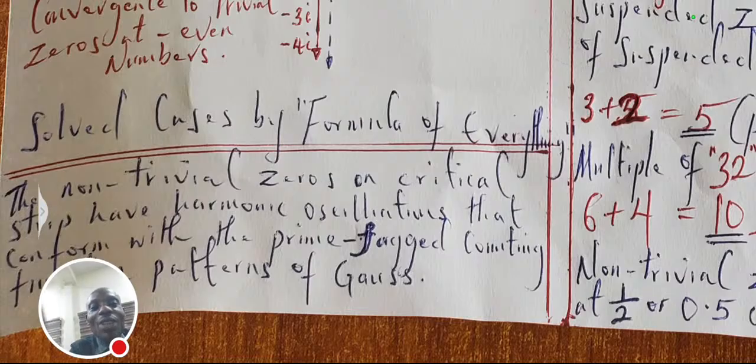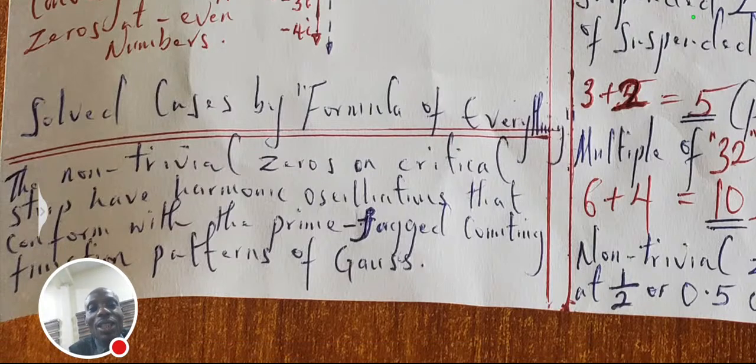The non-trivial zeros on the critical strip have harmonic oscillations that conform with the prime jagged counting function patterns of Gauss. So now we have seen the connection from those encoded zeros that are vertically lined up on that critical line.